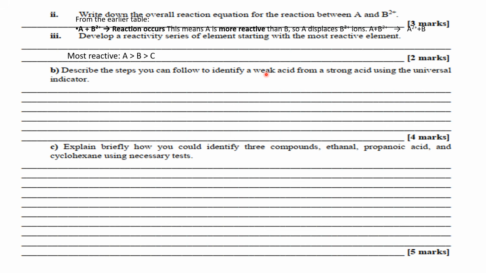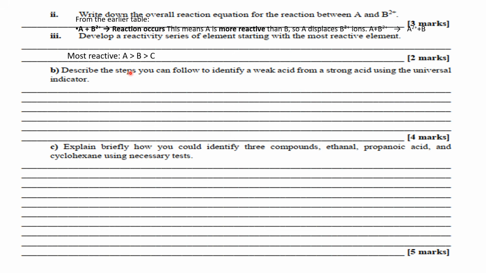The examiner assumes that you already know the difference between these two. So how can you distinguish them, or rather identify them? How can you tell a weak acid, and how can you tell that an acid is strong?